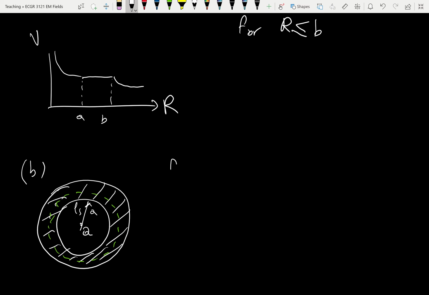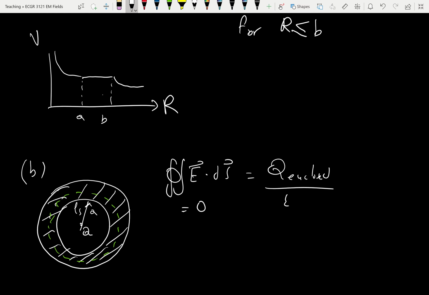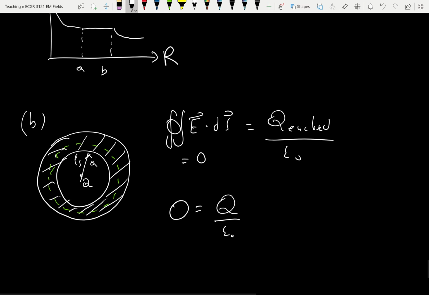right? And I know that using Gauss's law, E is 0 inside the conductor, so this is 0. But this also needs to equal Q enclosed over epsilon naught, right? So 0 has to equal, what's the enclosed charge here? The enclosed charge here is going to be the surface charge and the Q. So the enclosed charge is going to be Q over epsilon naught, and the total charge on the surface is going to be rho SA.